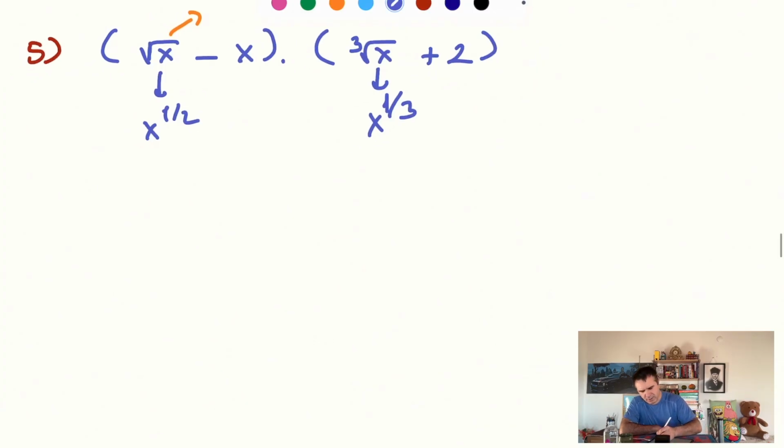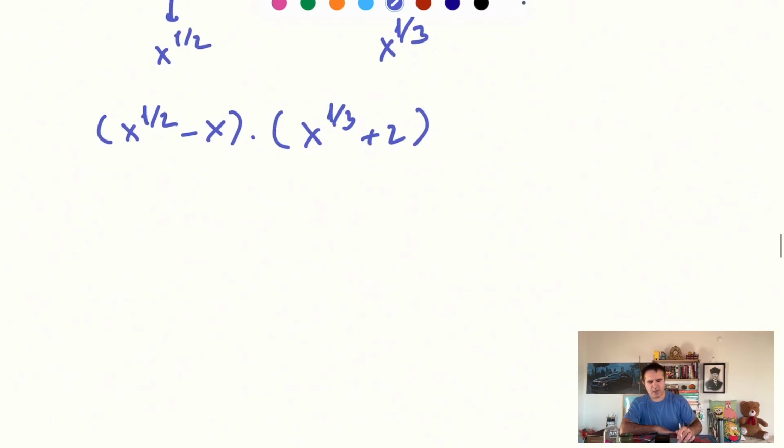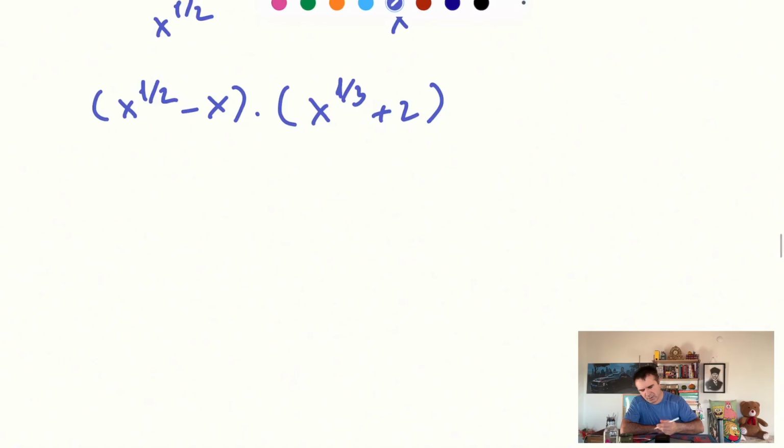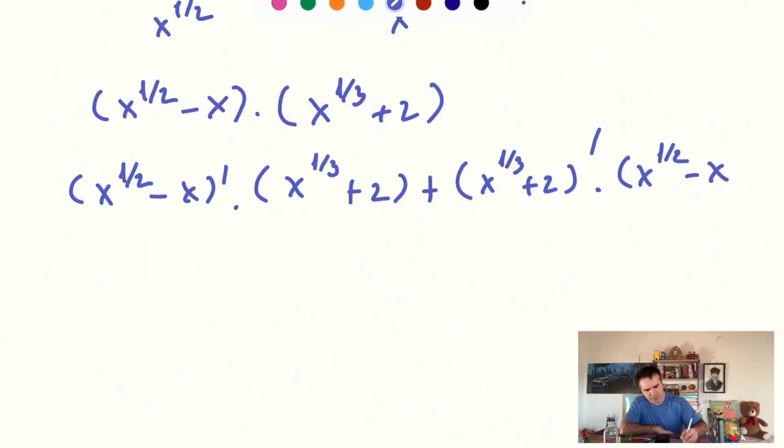And let's write it again: x to the power of 1 over 2 minus x, times x to the power of 1 over 3 plus 2. Okay, when taking the derivative, we will use the product rule again. First, the derivative of the first factor times x to the power 1 over 3 plus 2, plus x to the 1 over 3 plus 2 prime times x to the 1 over 2 minus x.